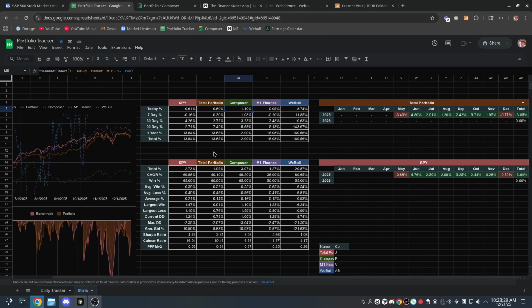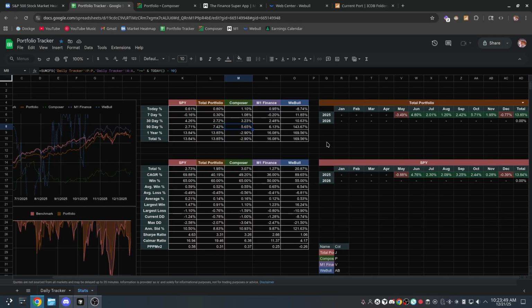So very close there. You can see though we're still down for December as our total portfolio, which is really interesting. What's also really cool to look at is, I've been pouring a lot of time into Composer, so that's why I always highlight it.